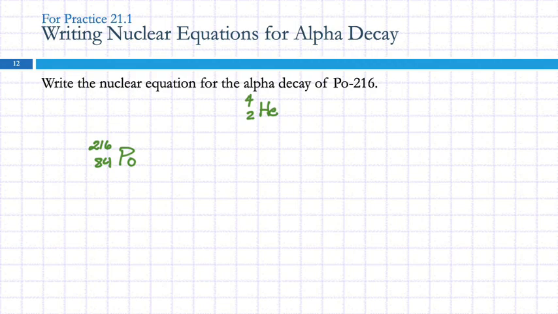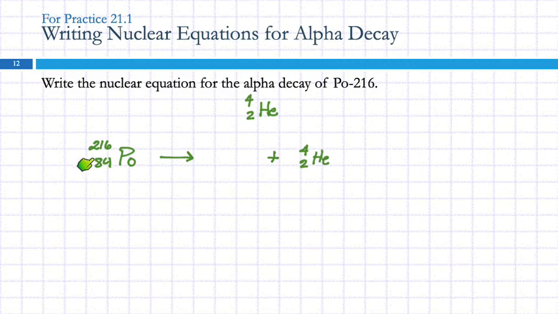So that's the parent, and it's going to decompose into something plus this alpha particle. They always put the daughter first instead of the alpha particle. I don't know why. So how do we figure out what that is? We fill in the missing numbers first.